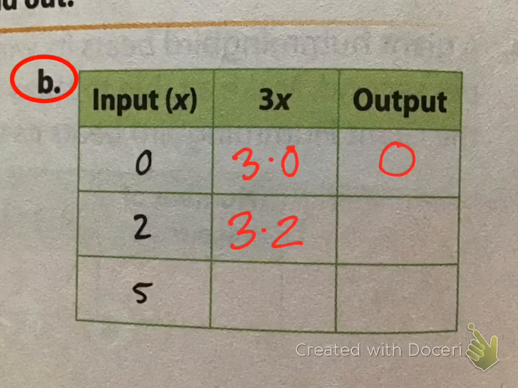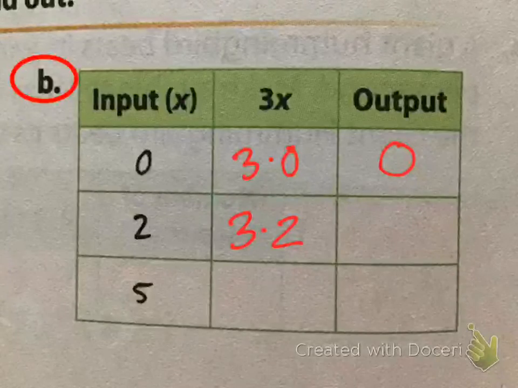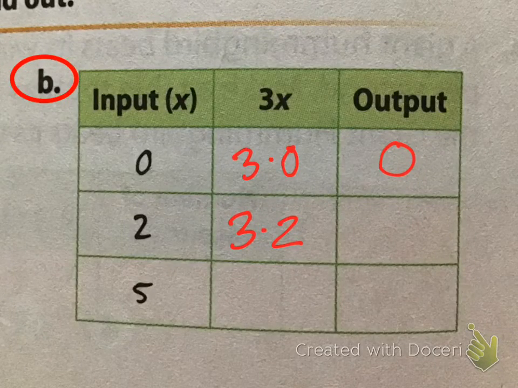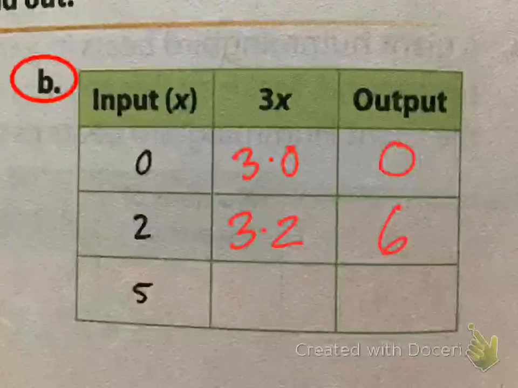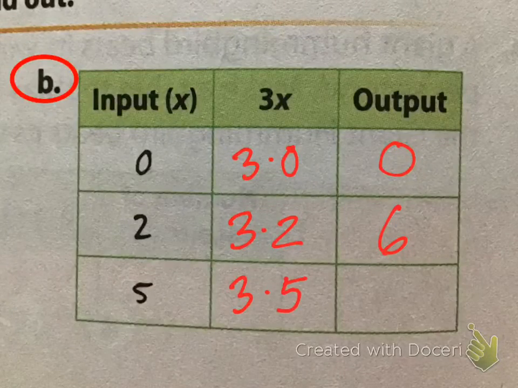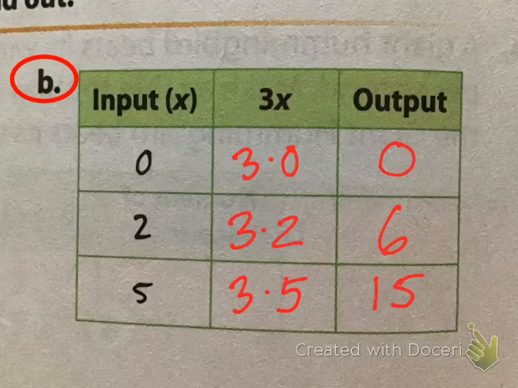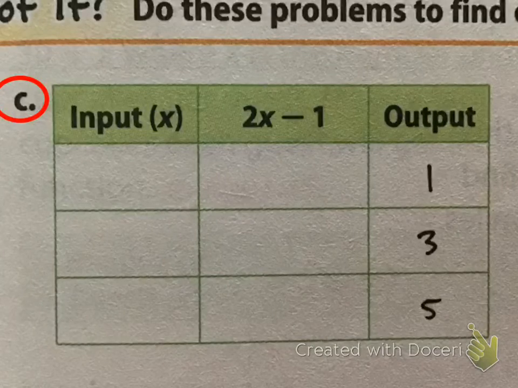Diana's absent. What is the answer then, Ben? 6. And then Rocco, what is the answer for this last one? 15. Excellent. Now, here we know the output but not the input, so we have to work backwards.